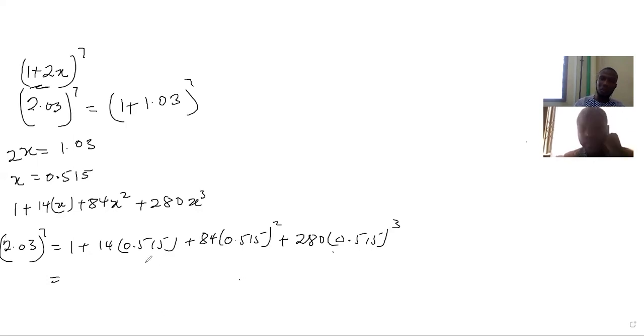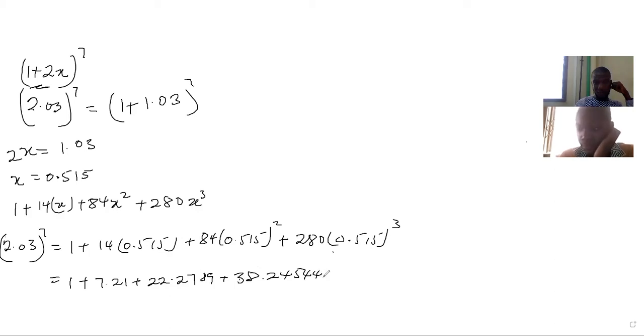Let's get the multiplications one by one, with at least 4 decimal places. So this is 1 plus 7.21, plus 22.2789, plus 38.2445.